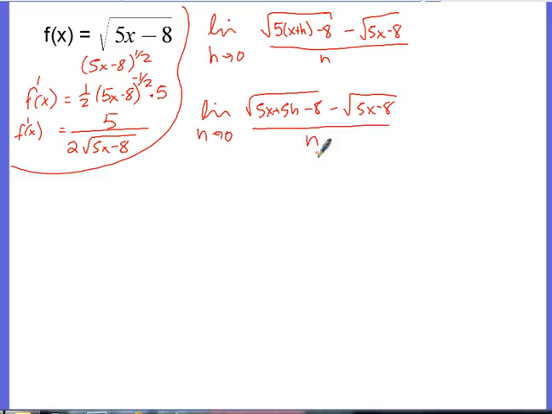Now let's see how good your memory is. I have a radical that has a rational. Do you guys remember how to deal with radicals and rational functions?